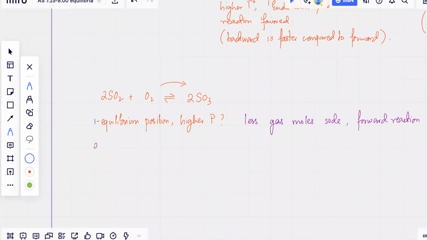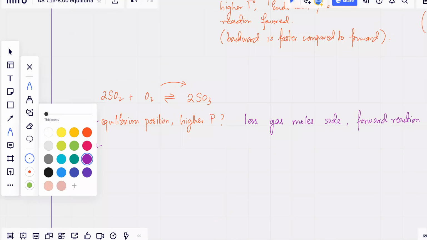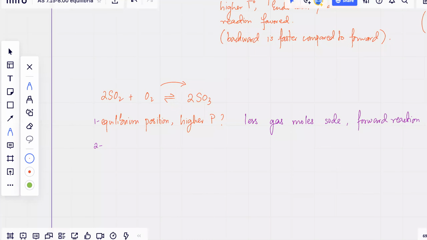And right with question number one, they might ask you a second question, which would be what's going to happen to the speed of the backward reaction at higher pressure. So what's the answer to that? You've increased pressure.